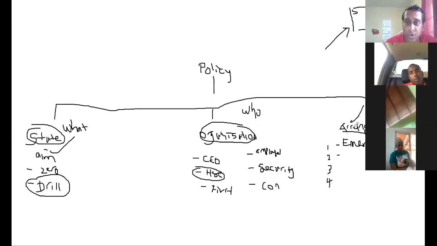So anybody could give me another procedure, and the trick to understanding this is that anything could be a procedure, right? You just have to say a procedure for, like how I just said, a procedure for emergency. Anything in the company could be a procedure.